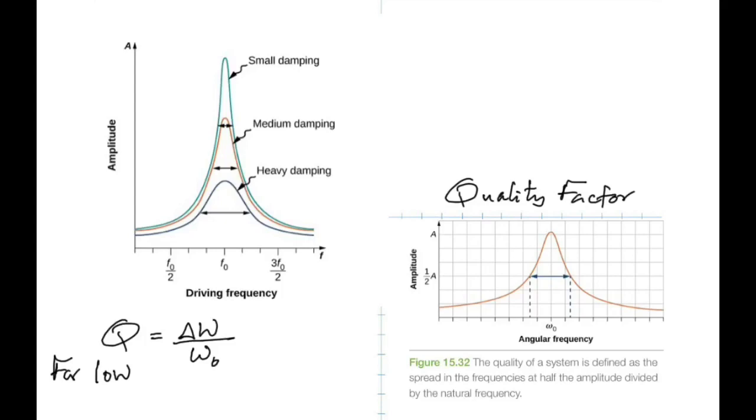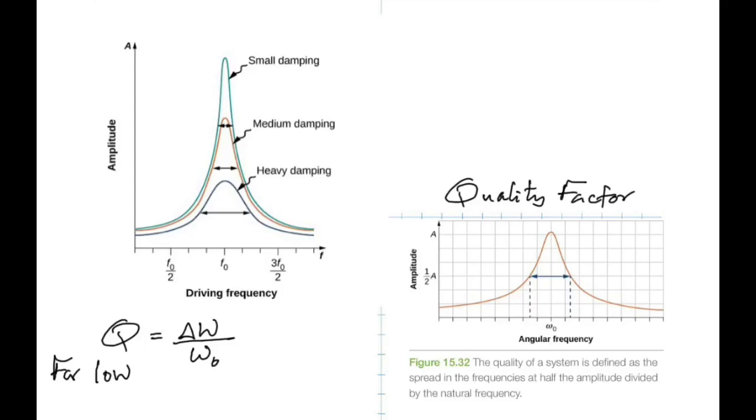There is a reason why I wanted you to know this. How can you increase the quality factor? From that math equation, how can you increase the quality factor? Easy. The change of omega should be bigger. Delta omega must be bigger, is it? So what are you looking at?